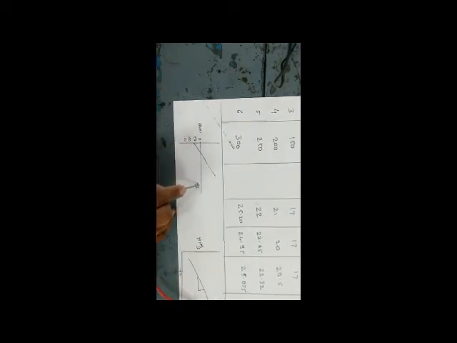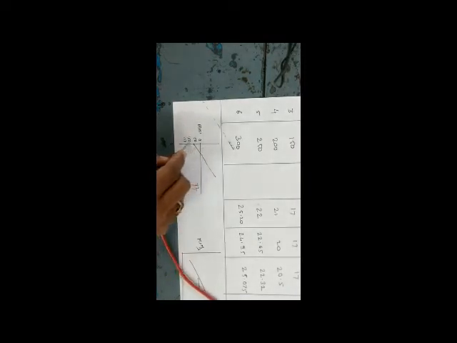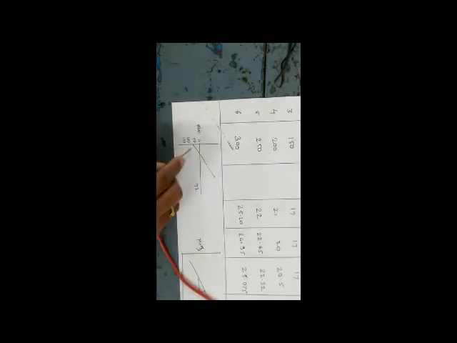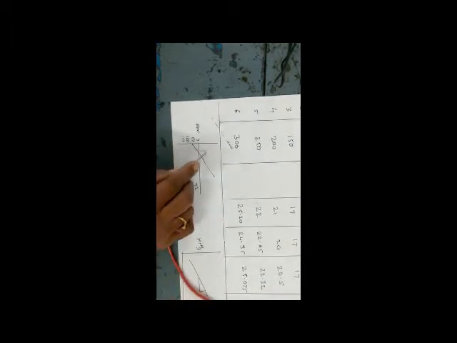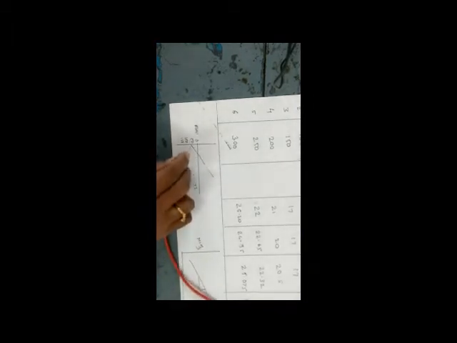In this experiment we include two graphs. In the first graph, we put T square on the x-axis and mass on the y-axis. We put the masses 50, 100, 150 up to 300 gram on the graph, and plot T square versus mass.